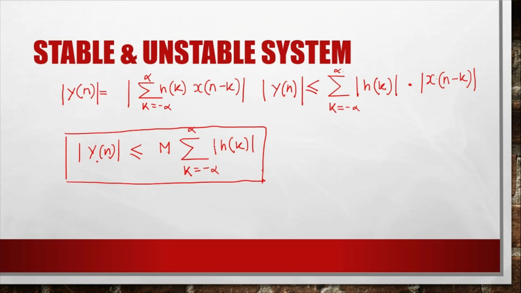So what is the meaning of bounded? That means it must be less than infinity. It should have a finite value. So for the stability, to make the output bounded, I found that the summation of mod of h[k] from minus infinity to infinity must be less than infinity.